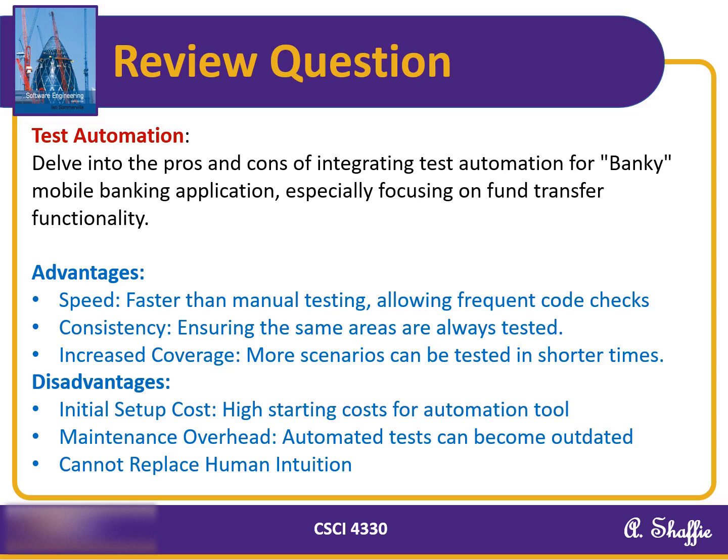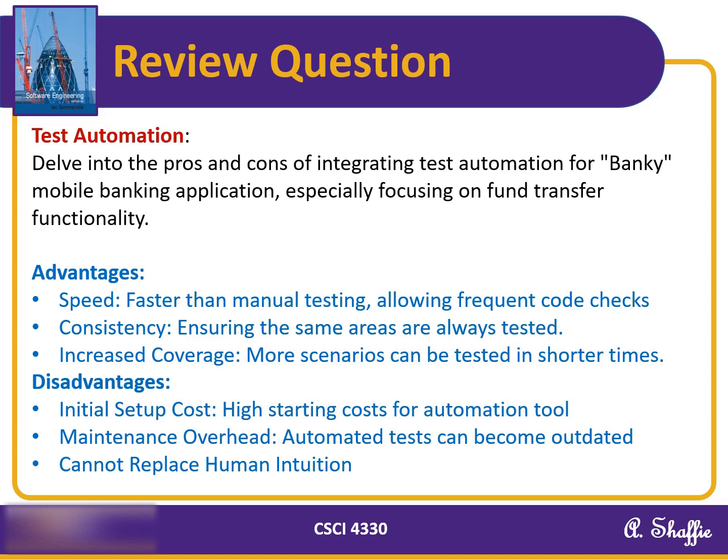Second, consistency, as automated testing ensures the same areas are consistently tested every time, reducing the risk of human error or oversight. And finally, increased coverage, because automation allows for testing a wider range of scenarios in shorter time. For example, testing various fund transfer amounts or multiple simultaneous transactions.